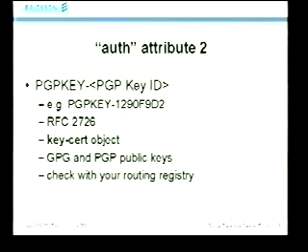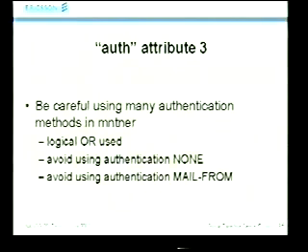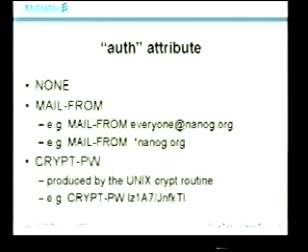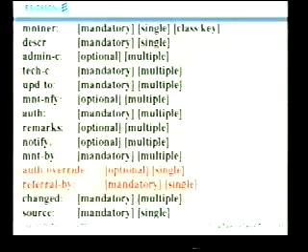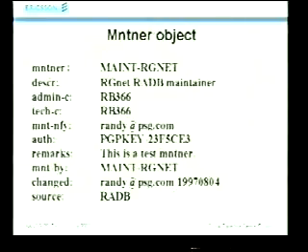I would say be careful using many authentication methods in a maintainer, because logical OR is used. Okay? So if you have in your maintainer, quick flashback, auth can be multiple. If you had auth PGP key and then auth encrypted password, either of those works.